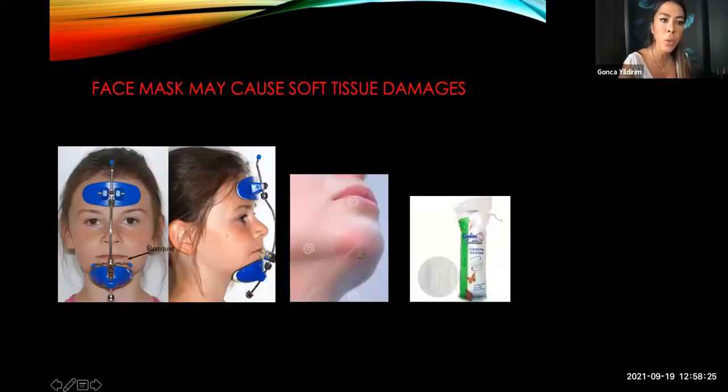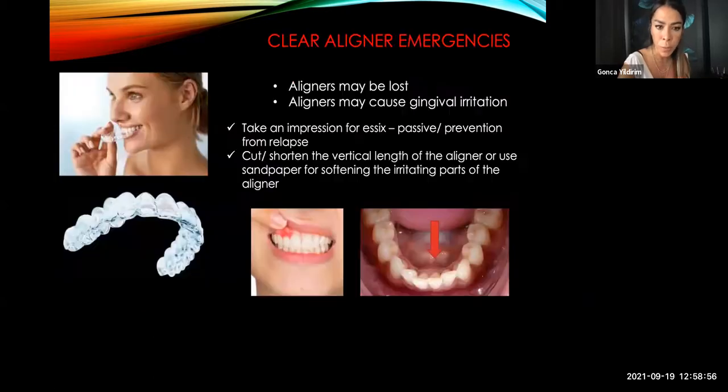And there's also face mask irritation, because the face mask takes anchorage from the forehead and the chin. It puts pressure to the chin side, and the patient tells you that there's a scar on the chin. We can recommend the patients that cotton be used to stop the pain and the pressure.